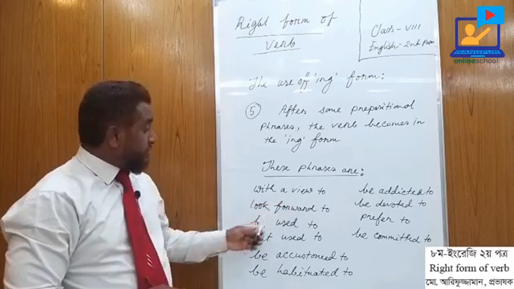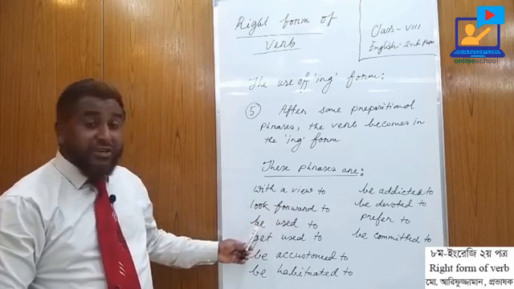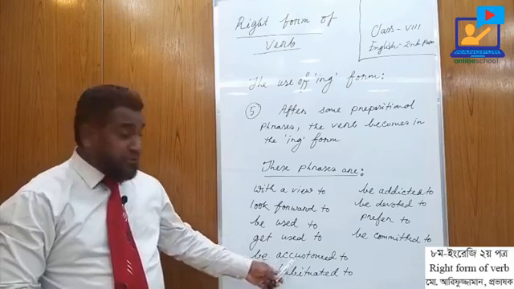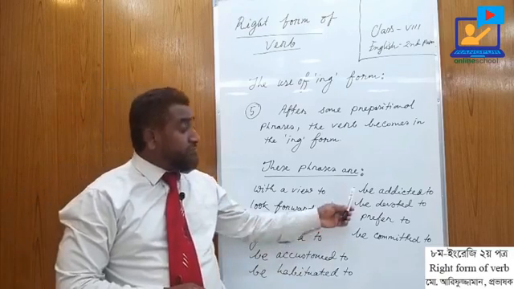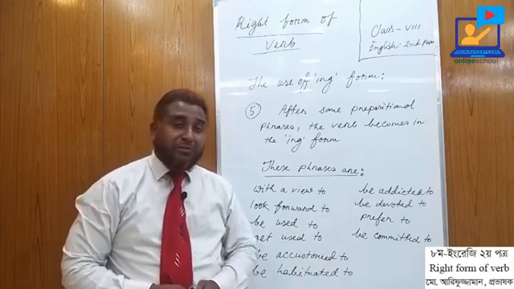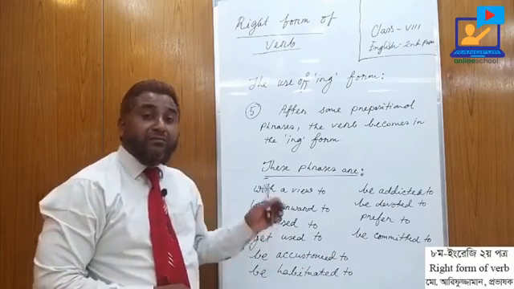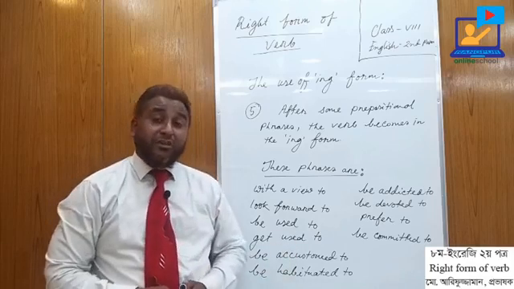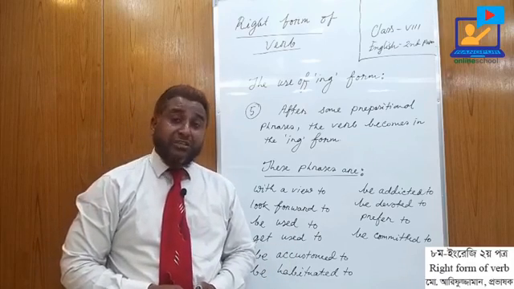With a view to, look forward to, be used to, get used to, be accustomed to, be habituated to, be addicted to, be devoted to, prefer to, and committed to. Even in some competitive exams, you will find such prepositional phrases that are common in exam papers.